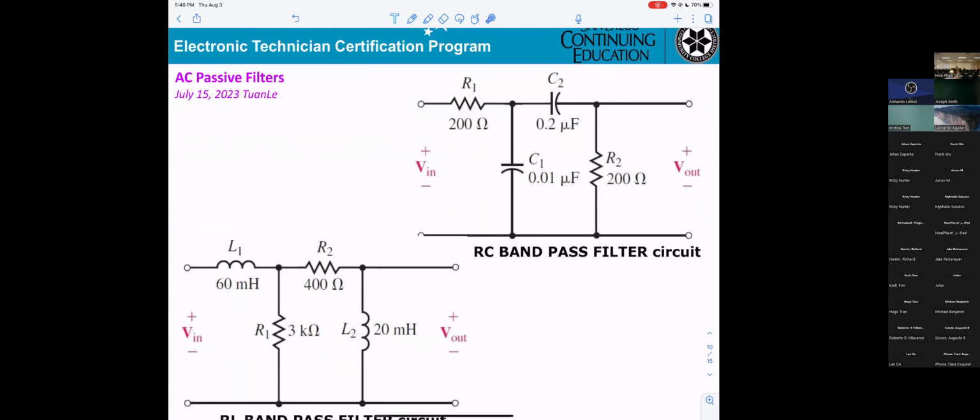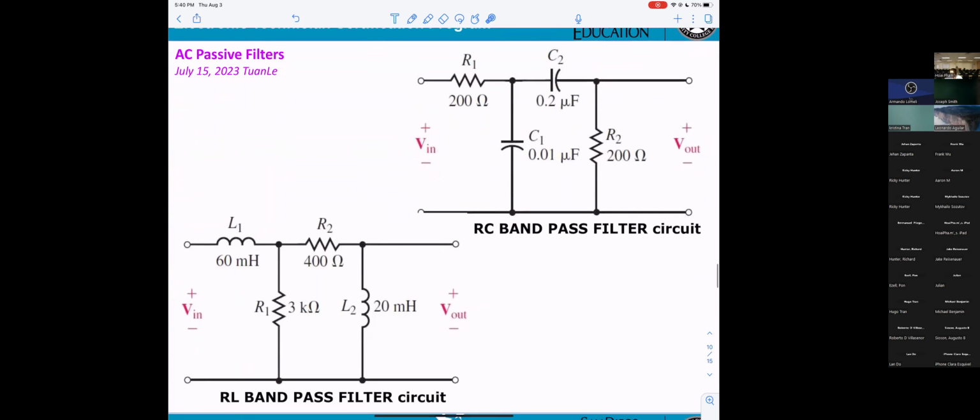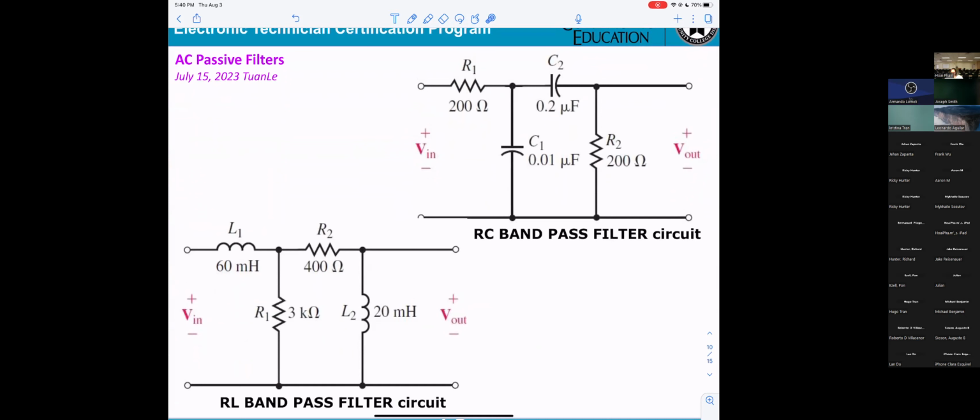Now, talking about band pass. Don't worry about that circuitry. You cannot memorize it, even myself. However, everything will be told to you in the document. This circuitry will be a band pass filter.